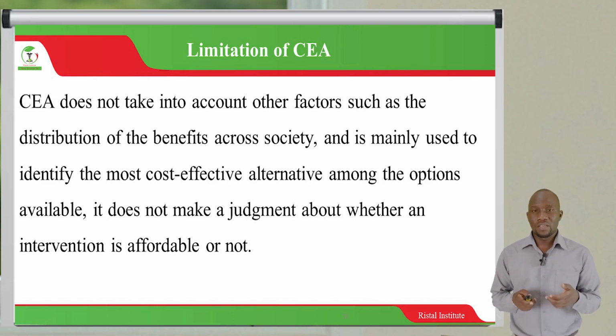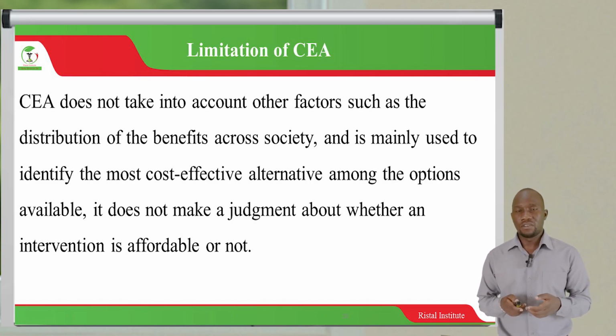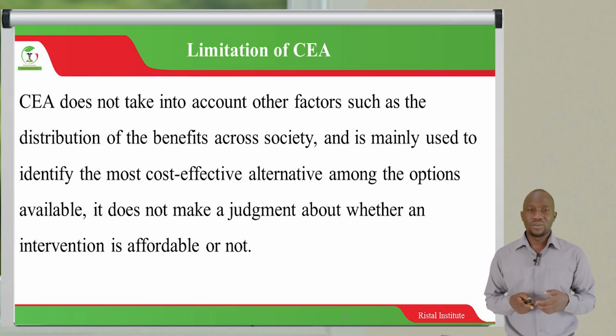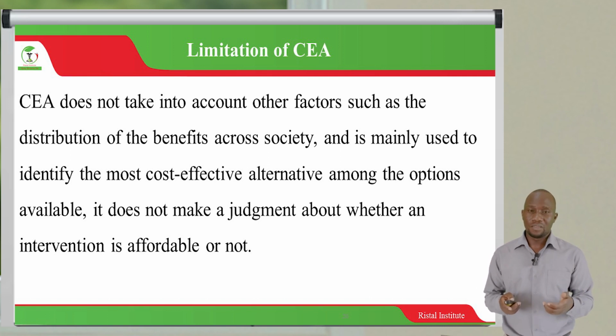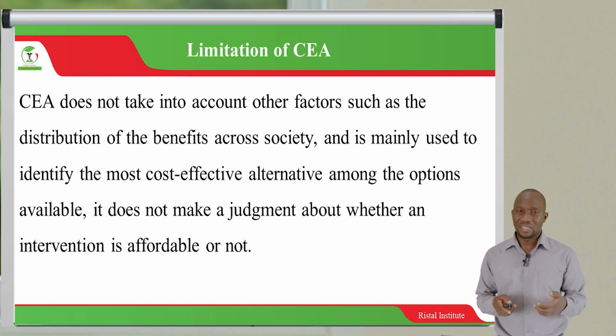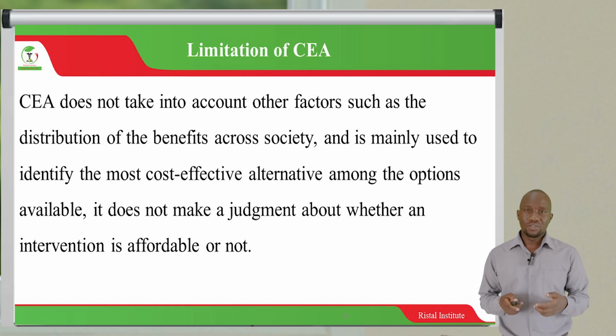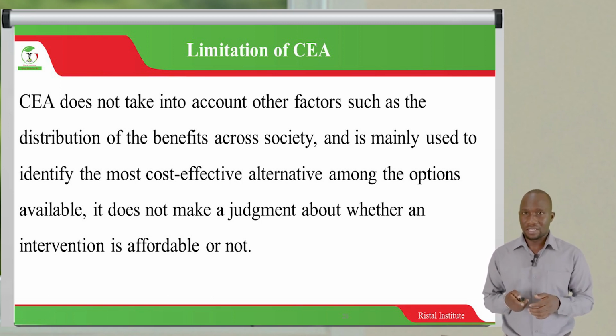The issue with the cost effectiveness analysis is that it may not take into account how the different populations within a particular community may benefit from one intervention. So it may not be very easy for us to make that judgment. Additionally, it's also very hard to know whether the intervention is actually affordable or not with a particular budget, because it looks at the cost of the intervention per health outcome that is actually desired.